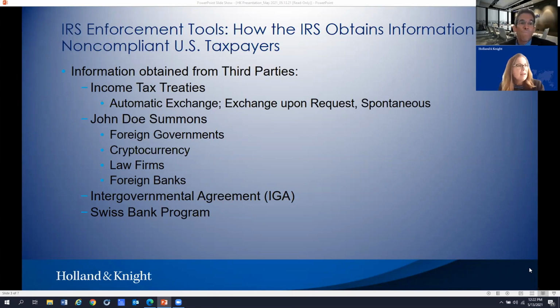All right. Foreign banks. So as probably most individuals on this webinar may know, it was a John Doe summons that really blew the lid off of Swiss bank secrecy back in 2008, when a judge allowed the IRS to serve a John Doe summons on Swiss megabank UBS AG for information on U.S. taxpayers that had Swiss accounts.